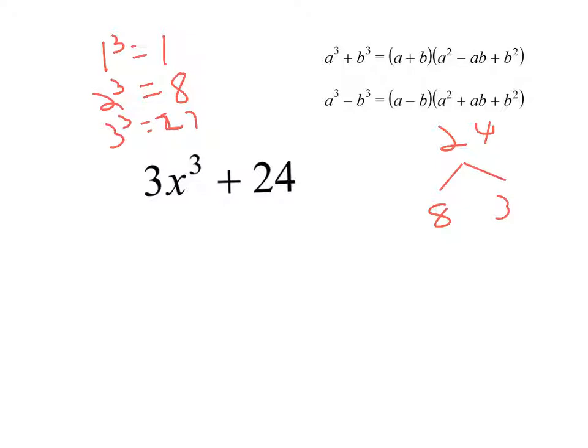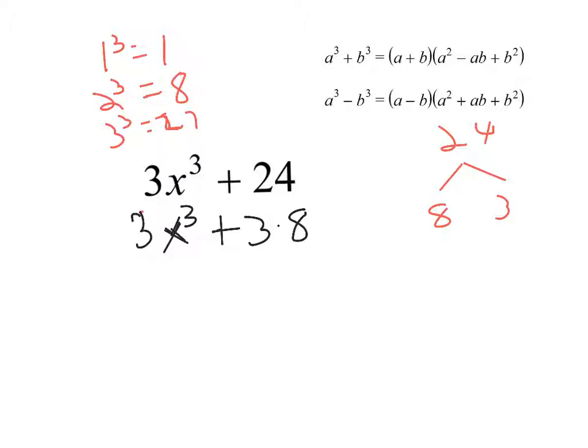So we have 3x cubed plus 3 times 8. Now it's going to get clearer that there is a common factor 3 that we can pull out, which will leave us with the sum of cubes.